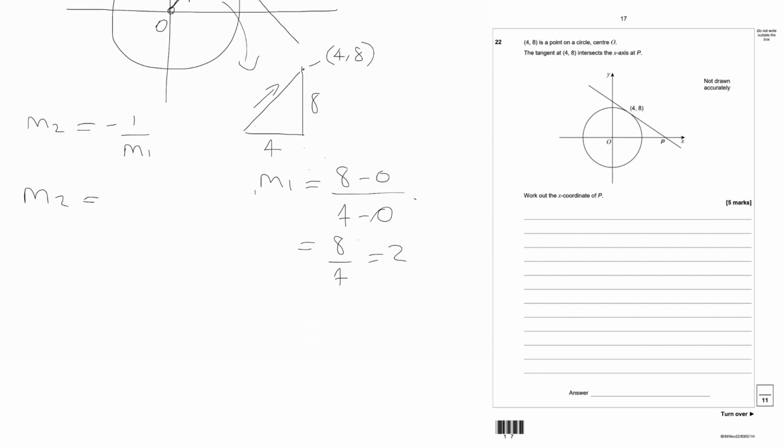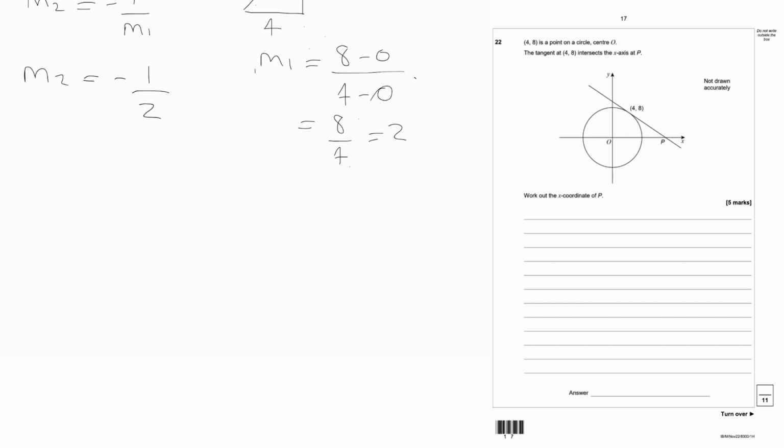So we can now say the straight line which intersects this circle has the equation y equals minus a half x plus c. Now we can work out the value of c. Given that a point on this straight line is the coordinate (4, 8), we can plug these values of x and y into our equation to isolate c.